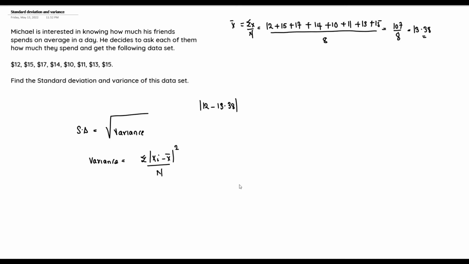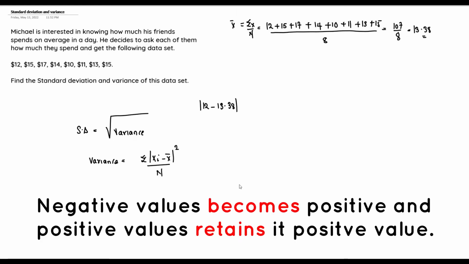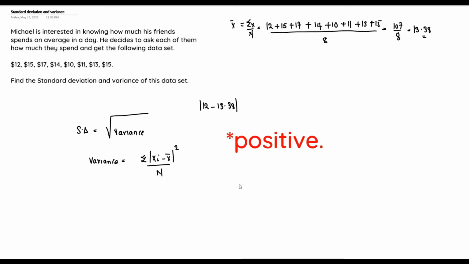Please don't forget that whenever we have the modulus sign, it simply implies that any negative value becomes positive, and any positive value retains its positive value. So we have the modulus of 12 minus 13.38, and then we square this, plus we have 15 minus 13.38, we square this, plus we have 17 minus 13.38, we also square this.